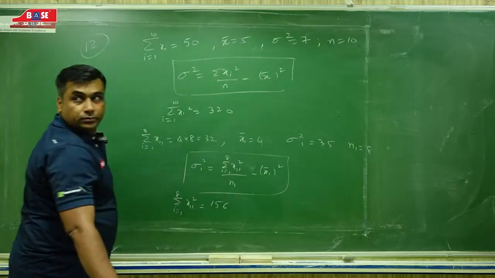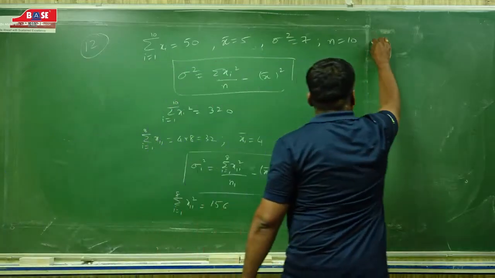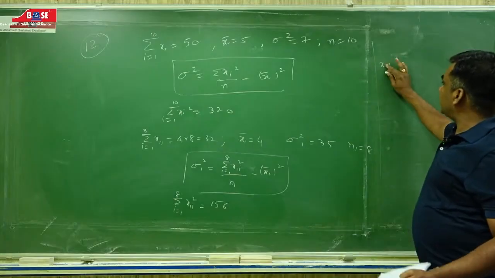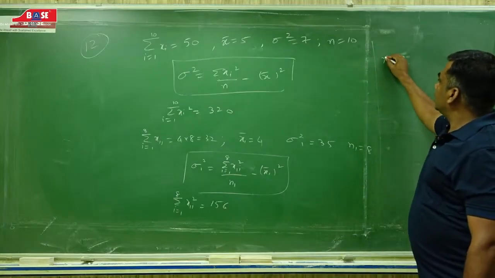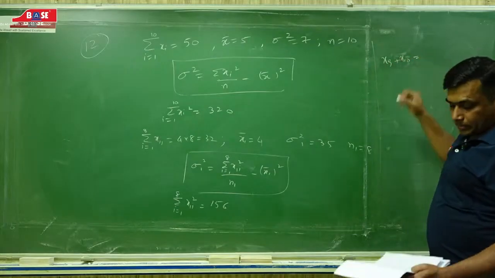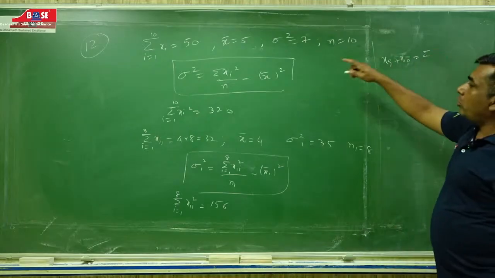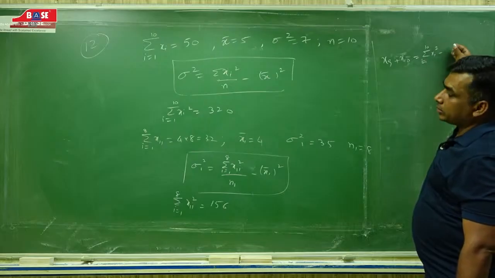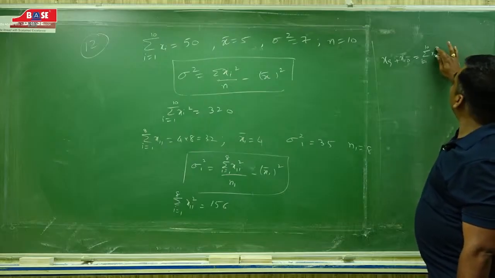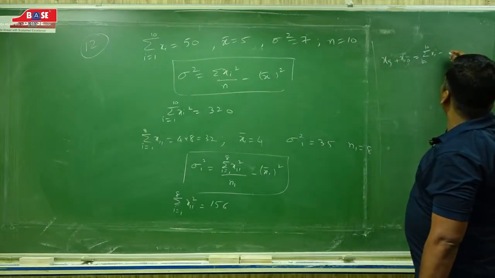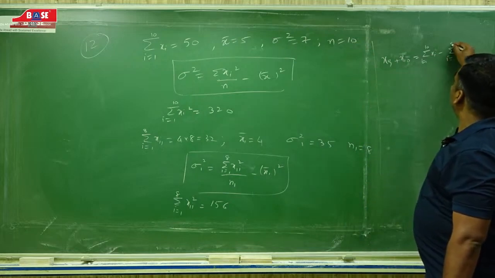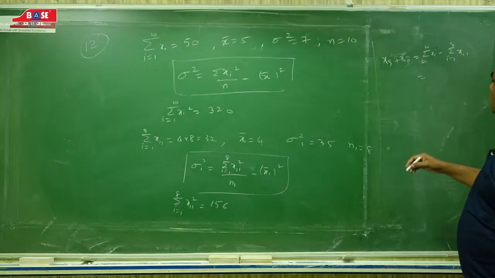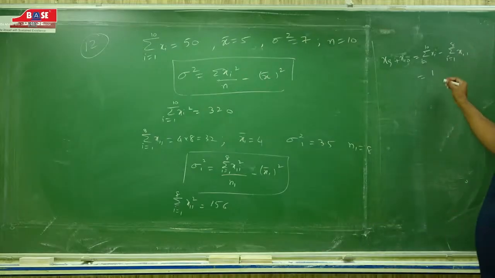I have been asked for x9 plus x10. We can get it as the sum of all observations from i equal to 1 to 10 of xi minus the summation from i equal to 1 to 8 of x1i, which is 50 minus 32, giving 18.